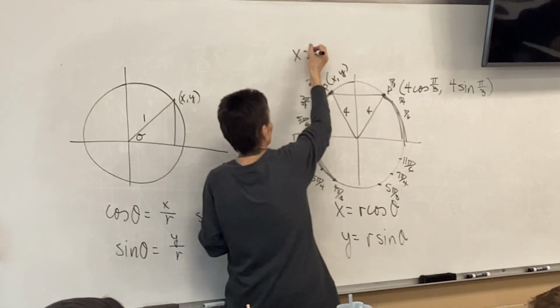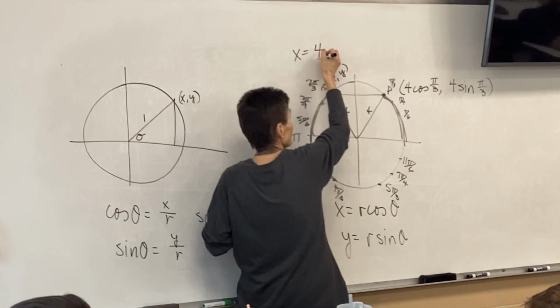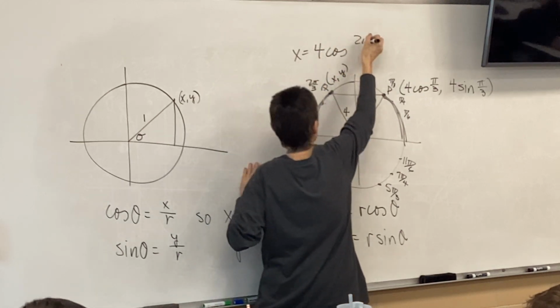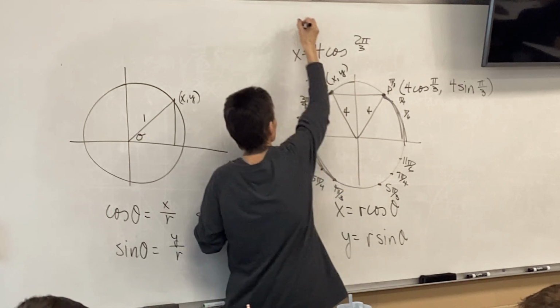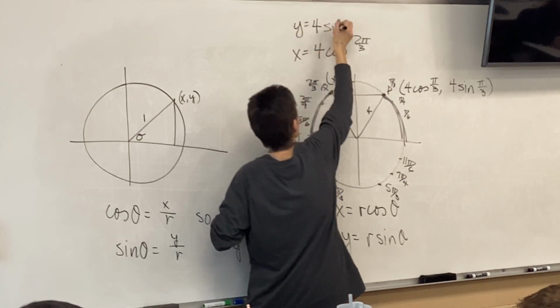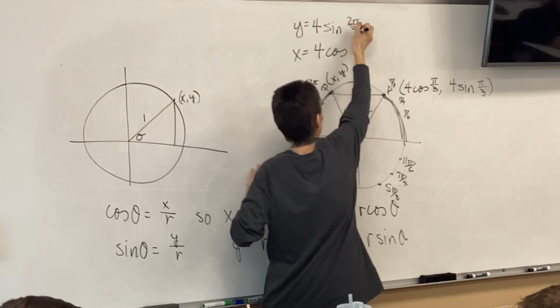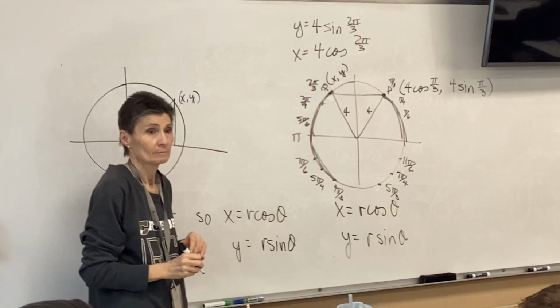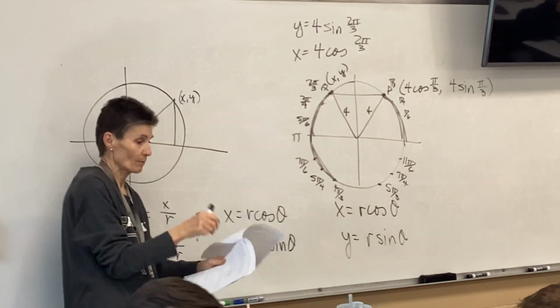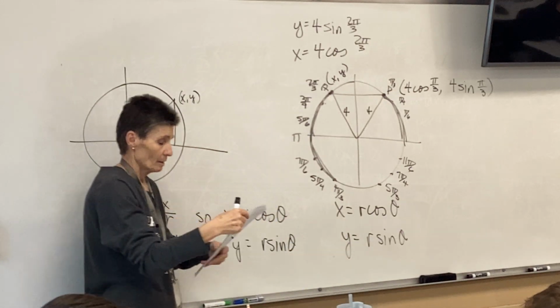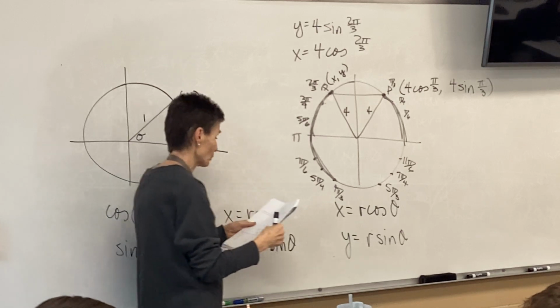What's x? 4 cosine 2 pi over 3. And y is 4 sine 2 pi over 3. So whatever answer that is, that's the answer.